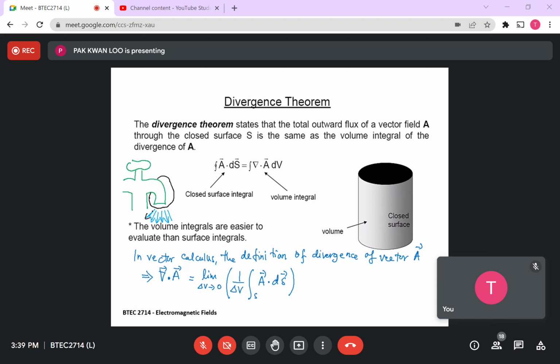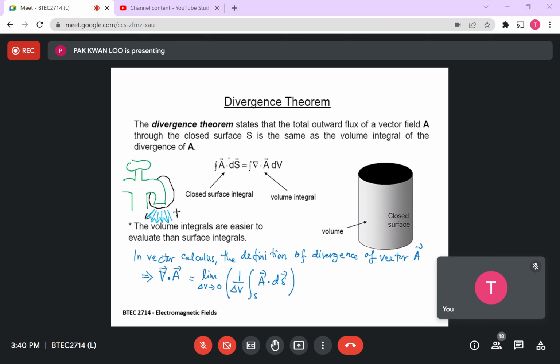We can say that this is the divergence of a vector field. We use this as an analogy of what is called divergence. And this is called positive divergence.